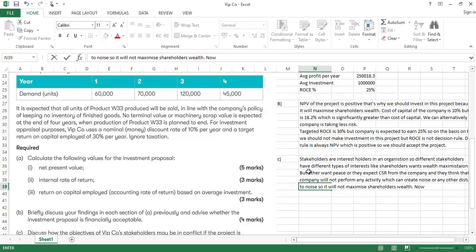Now it is expected from company's management to make a balance between all stakeholders.